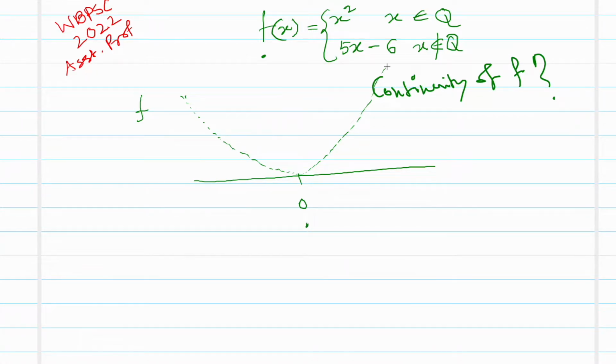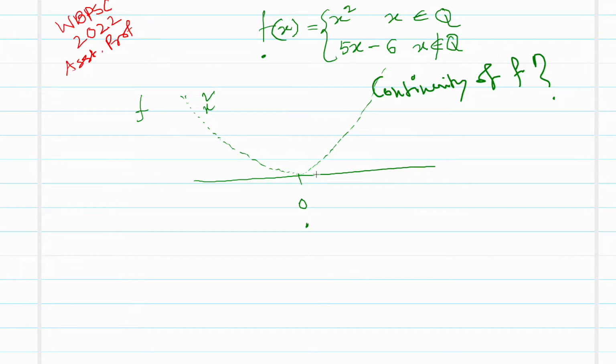And y equal to, or f(x) equal to 5x minus 6 is a straight line. So then the question is whether this straight line will cut this, so this is actually x square.